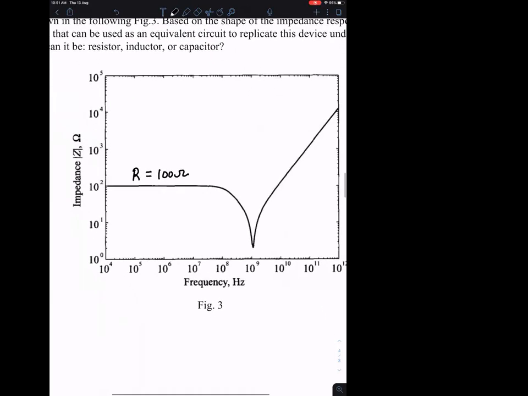And then after some time, in this area, it's becoming capacitive. Because when omega increases, 1 over omega becomes less, so it drops.